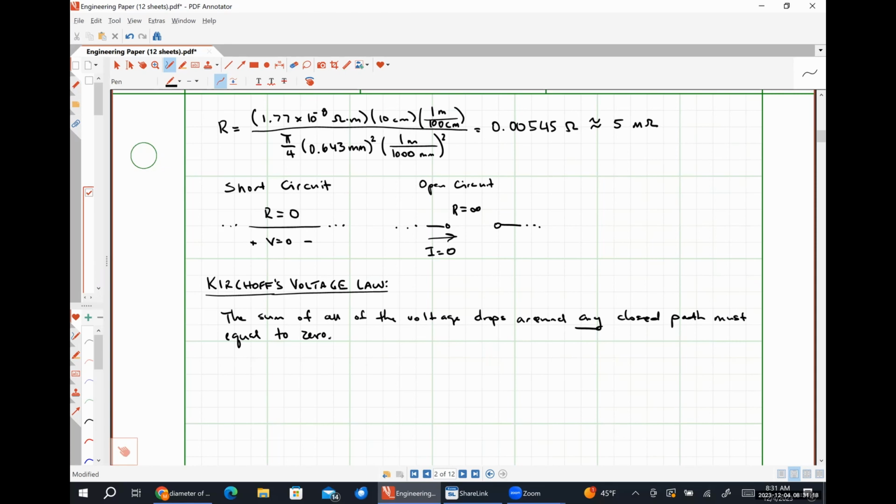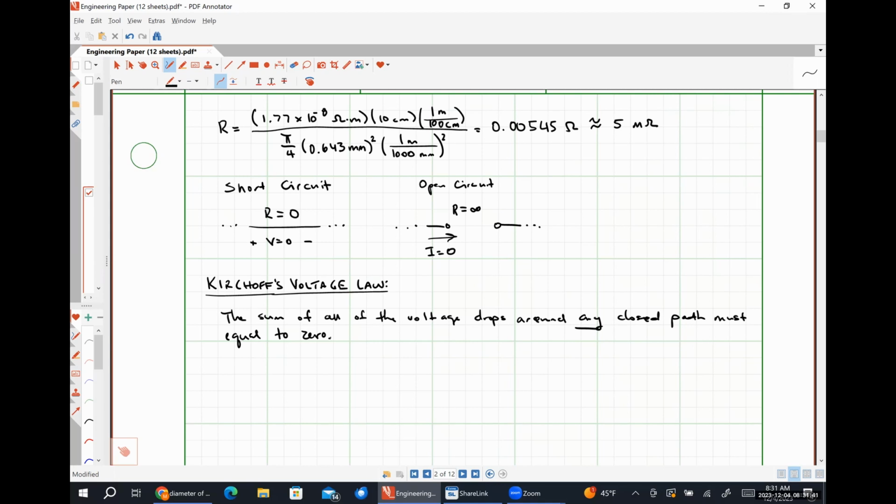In class on Friday, we talked about how voltage is just a difference in electric potential between 2 points, and also how voltage is just the work done per unit charge, moving charge from one point to another.